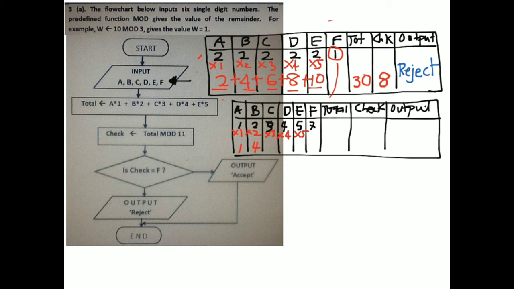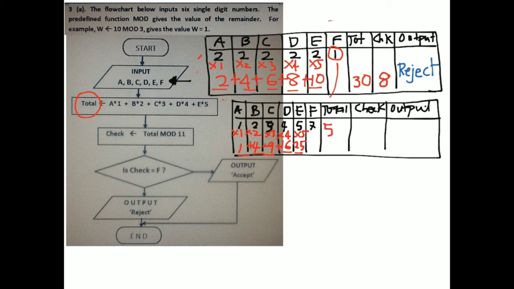2 times 2 is 4, 3 times 3 is 9, 4 times 4 is 16, 5 times 5 is 25. Okay, and when we add this together, just to get the total, that is in the next flow diagram. Okay, so we have 10, 20, 30, 40, 50, 55.